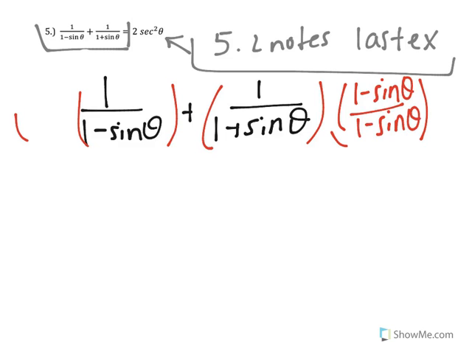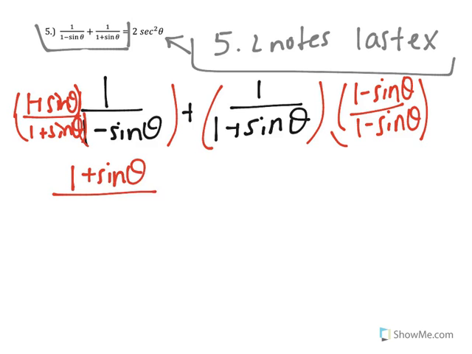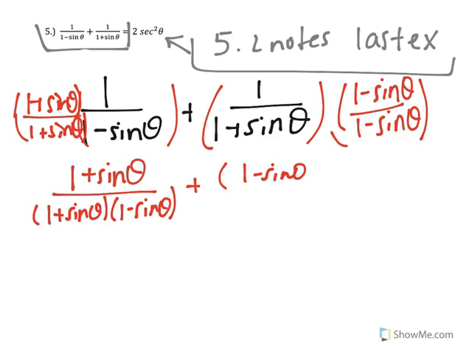My left fraction needs a 1 plus sine. I'm sorry, it's a little messy. Multiply the top, so I'll get 1 plus sine of theta over my common denominator. And then on the right side, obviously, I'll have my 1 minus sine of theta over my common denominator.